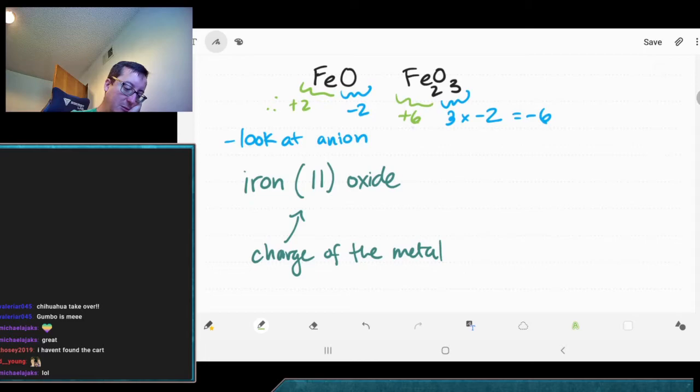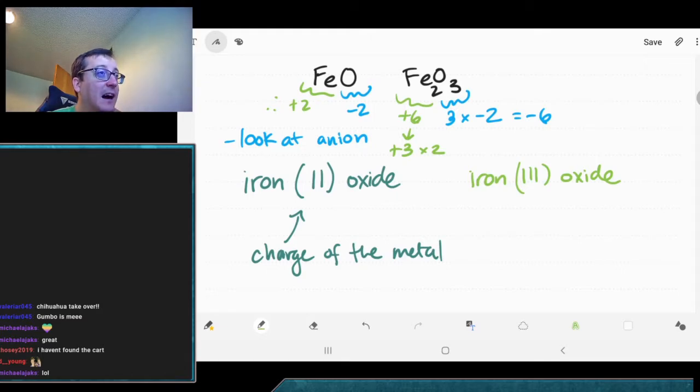And if we have 2 things, each one's +3. I'll show you another way to look at that. This one we would call iron 3 oxide, because the iron is +3. If we want, we can do this here. That's also the charge of the metal in that case.